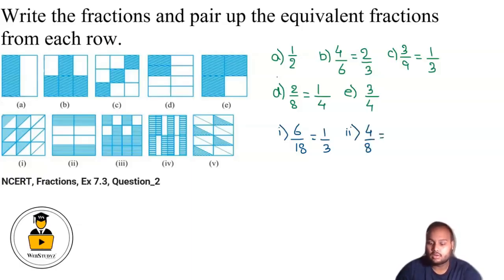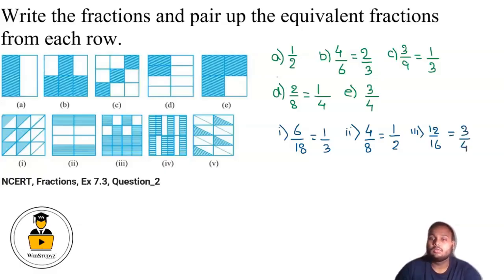So 4 by 8, which is equal to 1 by 2. Then for the third one, we have a total of 16 parts, out of which 12 are shaded. So 12 upon 16, which is equal to 3 by 4.